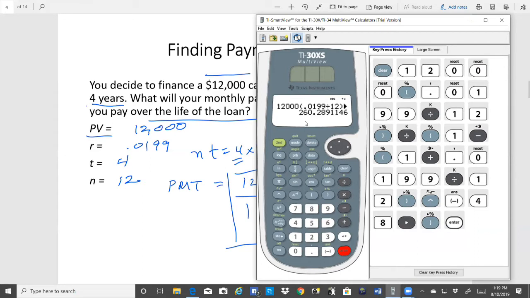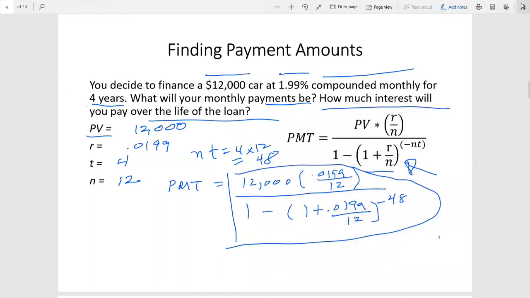And the payment will be $260.29 if you round to the nearest cent. And so the answer is $260.29 is how much your payment will be.